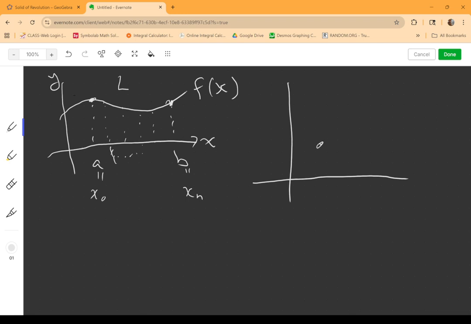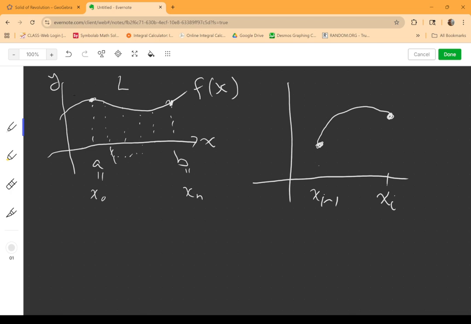To keep it as general as possible, let's say I call the interval from x sub i minus 1 to x sub i. I'm just choosing one in between a and b. These values, x sub i minus 1 and x sub i, are in the interval, and in this particular interval, the function has this behavior. Keeping it very general, not necessarily that it is this function itself, but this is a portion of the curve. L represents the whole curve there.